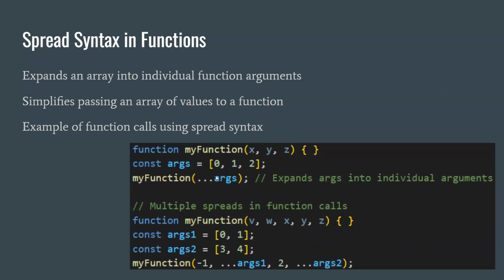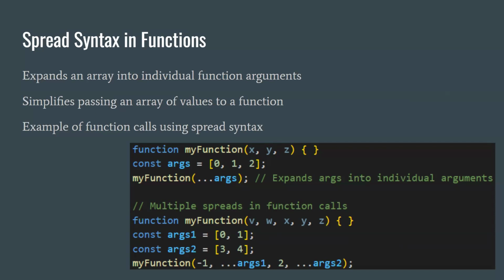Spread syntax in functions. So let's look at how spread syntax can be utilized in functions. Say you have an array of arguments that you want to pass to a function. Traditionally, you might use the apply method or index into the array.